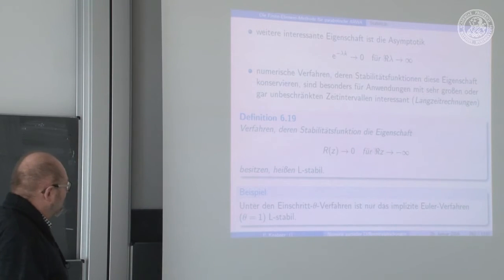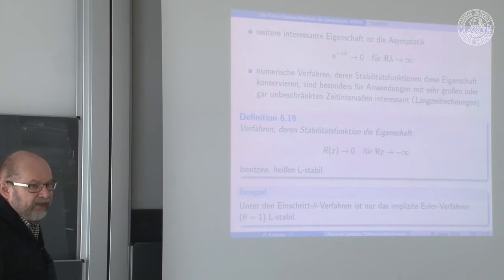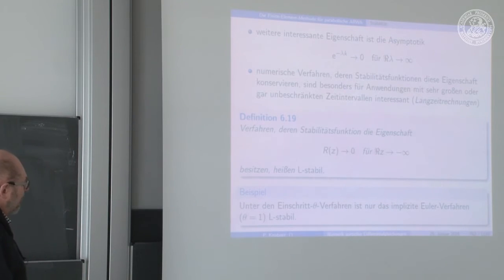But there are other aspects to consider, namely in conjunction with stability. And in terms of A stability, the methods are the same, but there's another notion of stability, namely the notion of L stability.